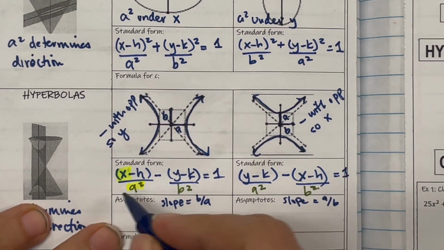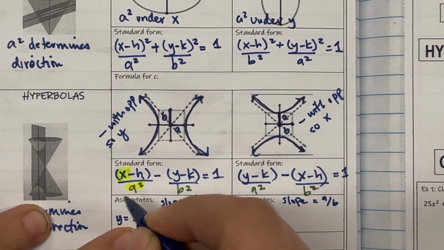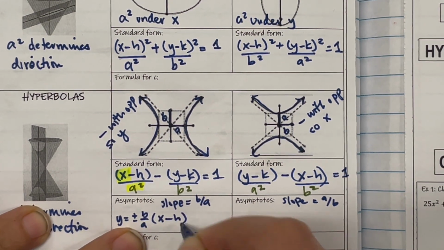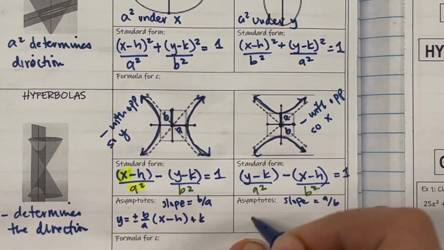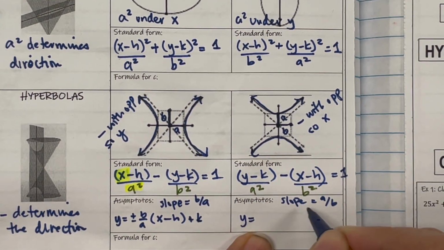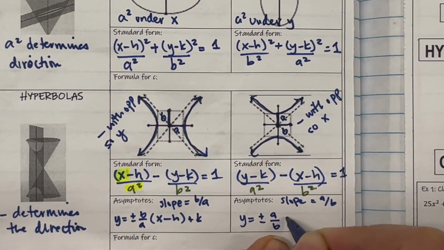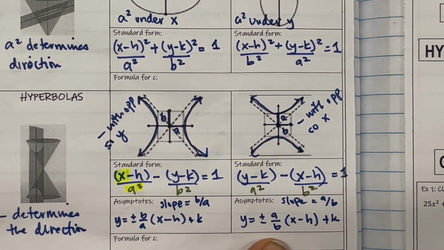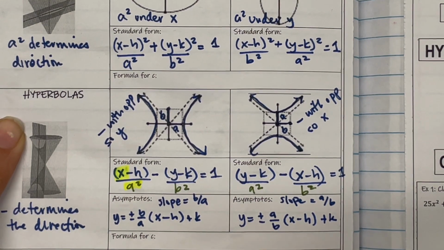So the equation of an asymptote is Y equals plus or minus the slope, which is B over A, times X minus H, always about the center or the vertex, plus K. So here it'll be Y equals the slope, which is A over B, so plus or minus A over B, times X minus H, plus K. And we proved those when we actually talked about hyperbolas. So I'm just giving you a quick reference.